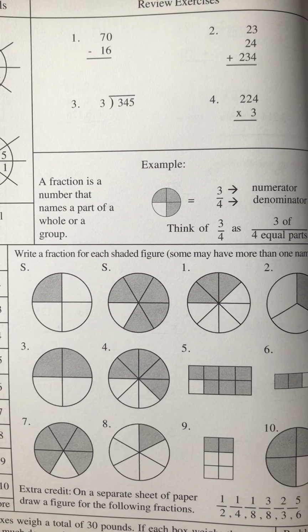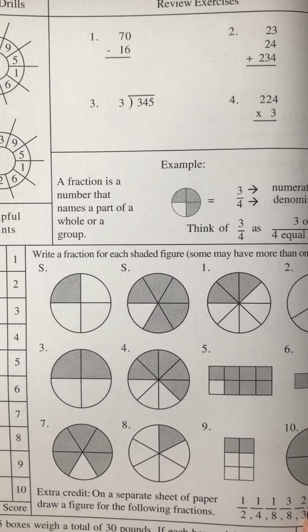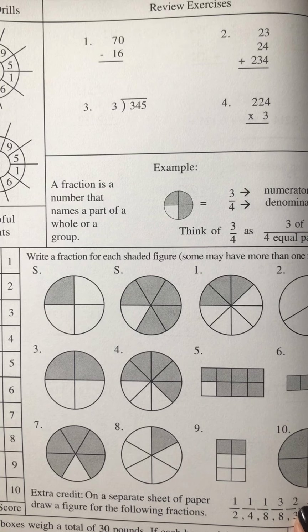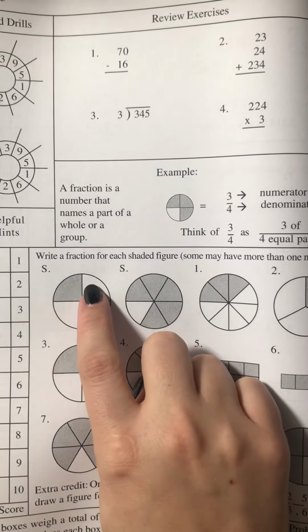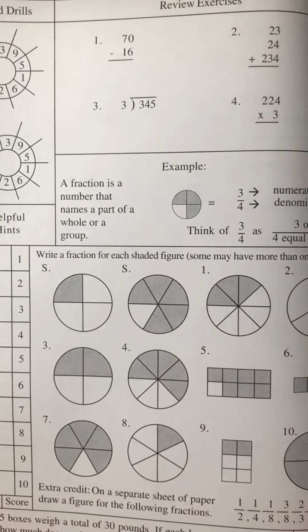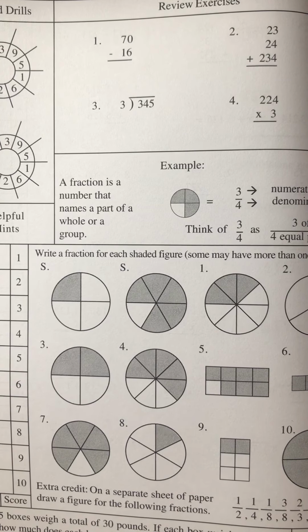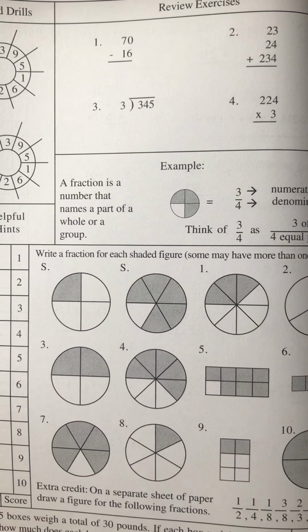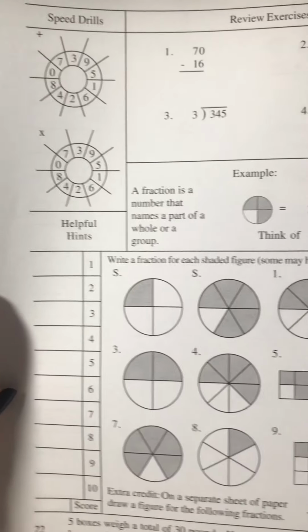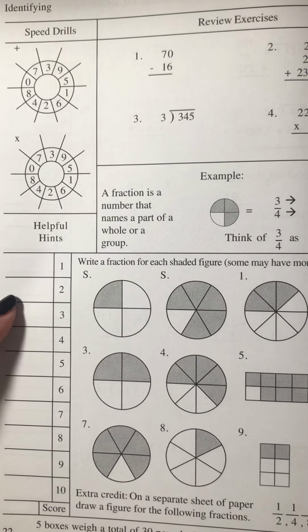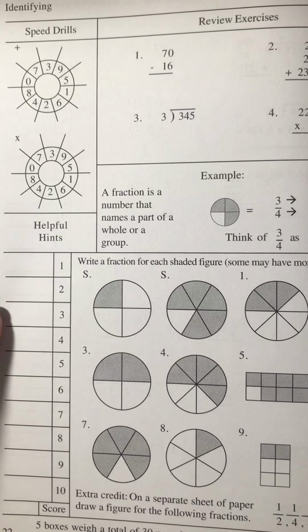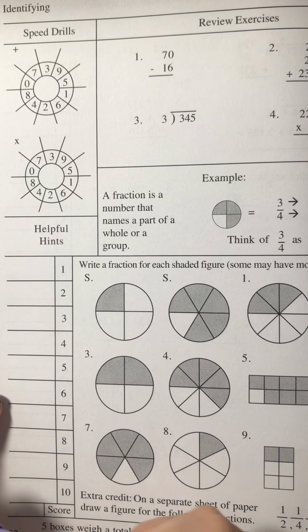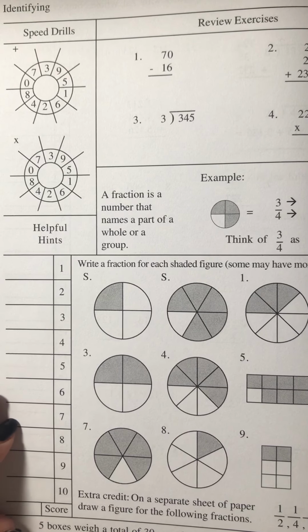The first thing I want you to do when answering all of these questions is to note how many sections there are, whether or not they're shaded. What I like to do is go into the answer column and first write down the complete number. Let's do the first samples together.